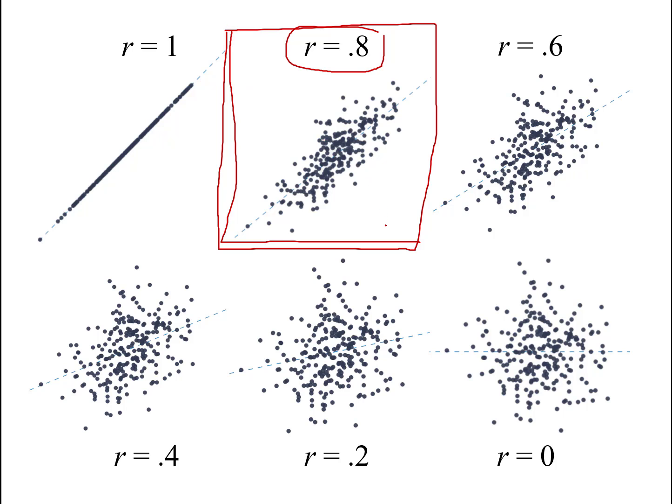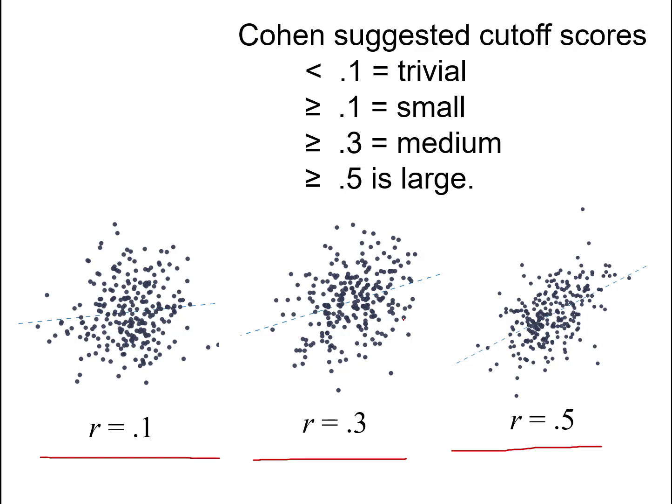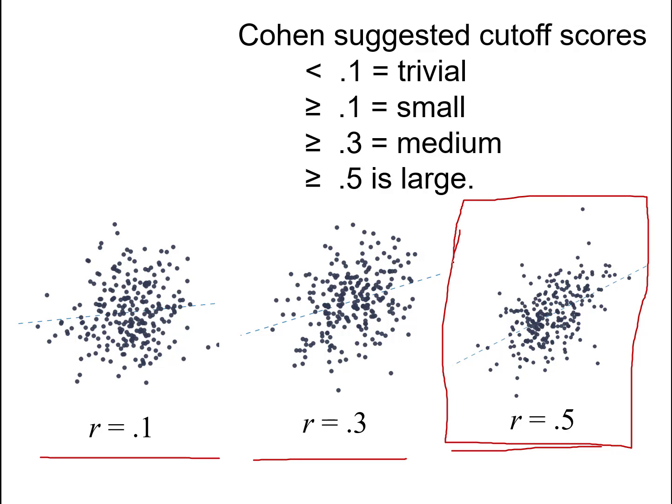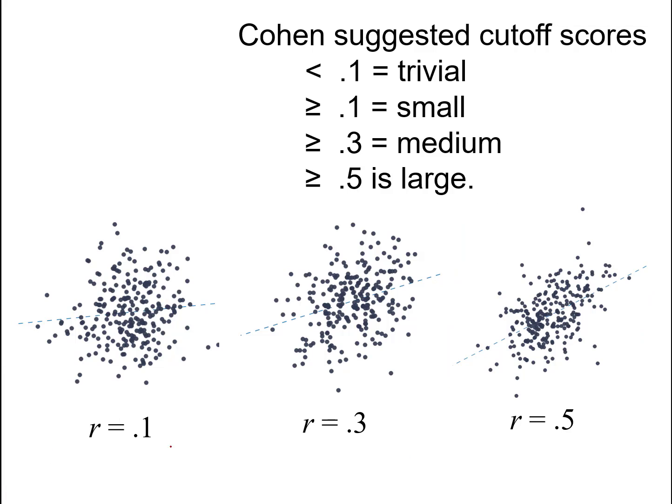So in research on psychology and neuroscience, going back to the slide I started off with, a correlation of 0.5 would be a large effect compared to what we typically get in research on psychology and neuroscience. Now, note that a correlation of 0.5 is still a large effect, and it might take you just a couple seconds, but if you look at it, you can tell there's a correlation here.